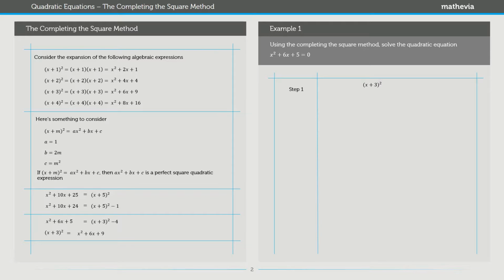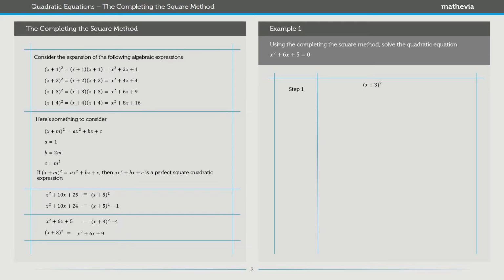Now, the first thing we want to do is find the related square expression. It's pretty much what we did just a few moments ago. You have x squared plus 6x plus 5, and you divide that middle term by 2, you have 3.